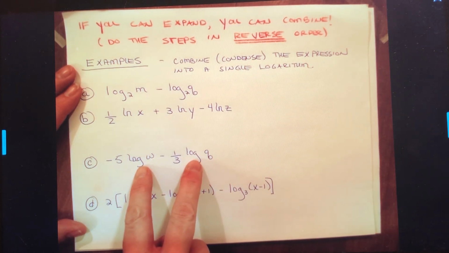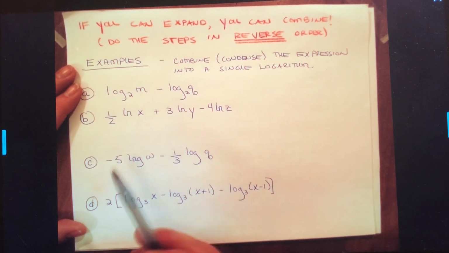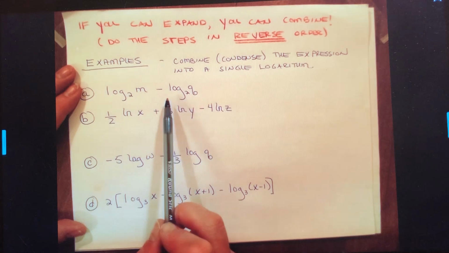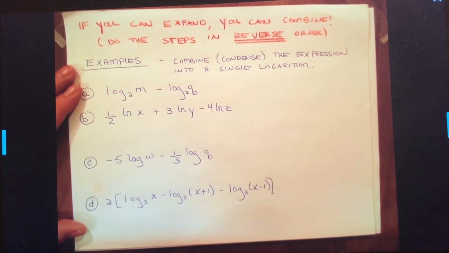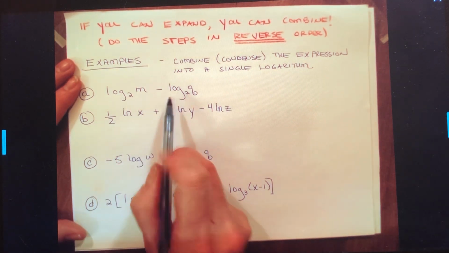These are both log base 10, I can combine them. And these are all base 3. So it's good to get in the habit of checking that and not assume, but when they ask you to combine or condense, they should match, because they want you to go through the process of being able to do that. Okay, so let's combine this first one.